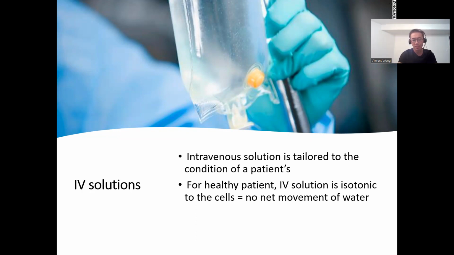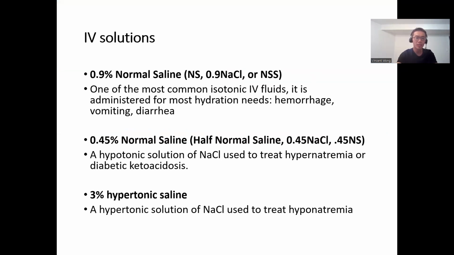You don't want the cell to swell up, you don't want them to shrivel up, you just want to rehydrate the person without affecting the cell too much. So typical saline is 0.9%, which means 0.9 grams of salt per 100 milliliters of water. That's the isotonic IV fluid.